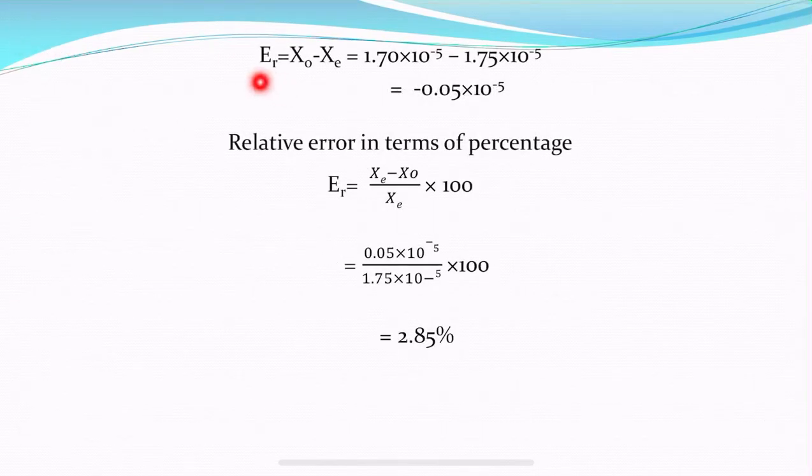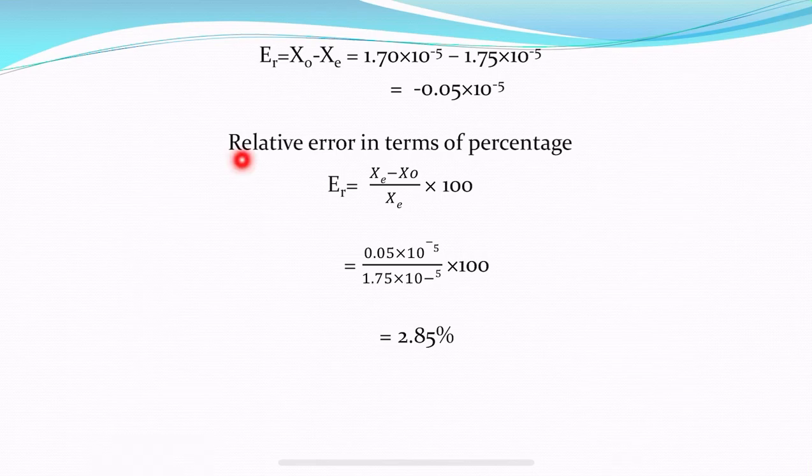Just like we saw in my previous class, absolute error is E_R = x_0 minus x_E, where x_0 is the observed value and x_E is the expected value. Observed is 1.70, expected is 1.75 into 10 raised to minus 5. So this is minus 0.05 into 10 raised to minus 5.